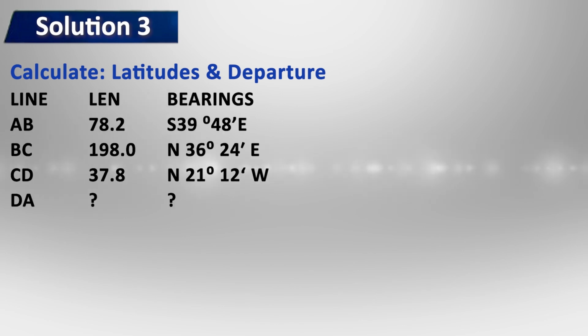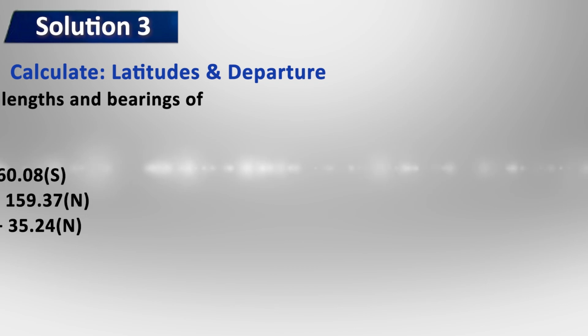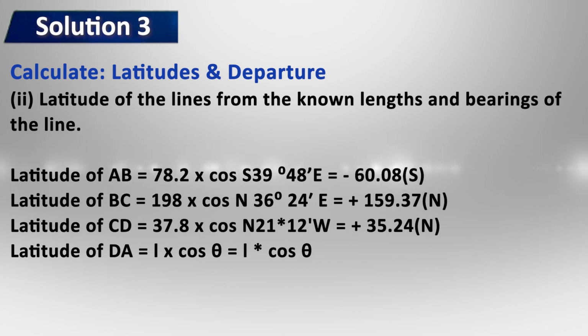We have all the values of length of the traverse sides and reduced bearing of all the angles measured from the meridian north south. So we will find the length of latitudes of the lines from the known values of length and bearing. So the latitude AB is equal to its length 78.2 into cos of its angle, that is 39 degree 48 minutes.